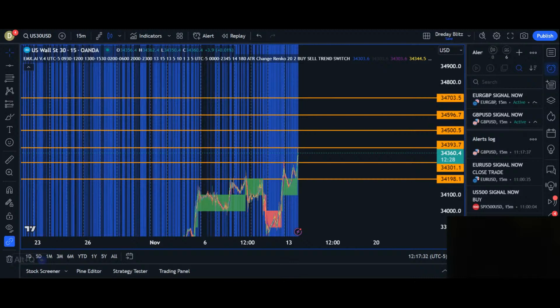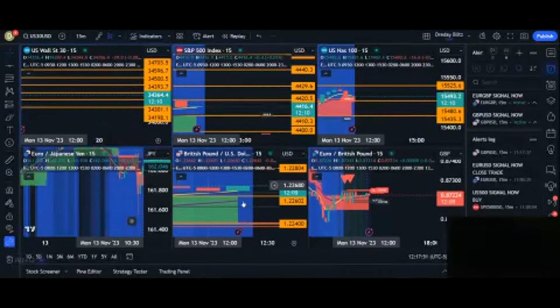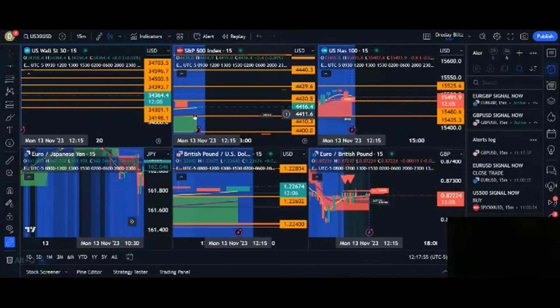So you would have the option to put, I think you're going to have the option to put maybe three minimum take profit zones. For example, if you have a buy, let's go on an actual chart that has a signal to show you guys.